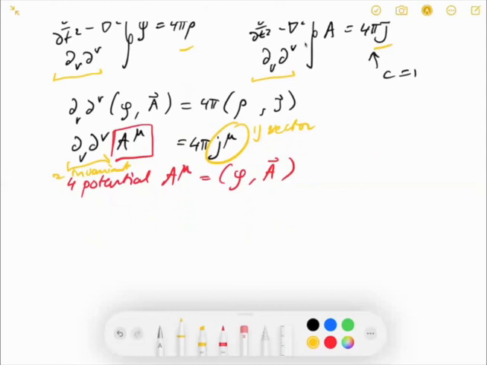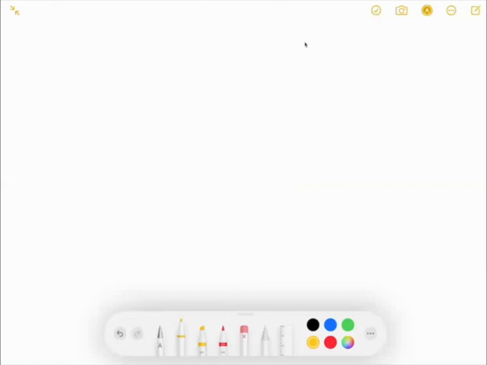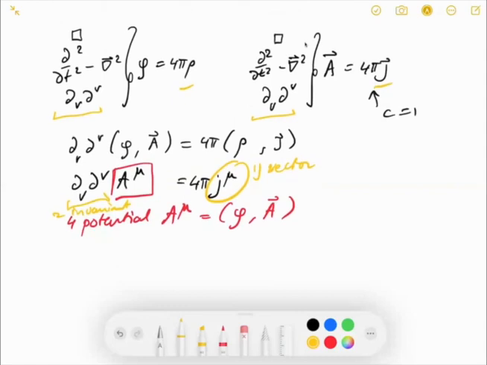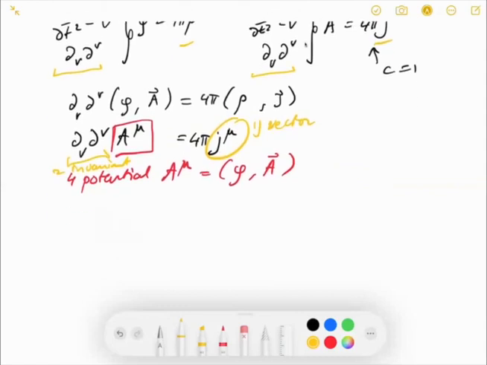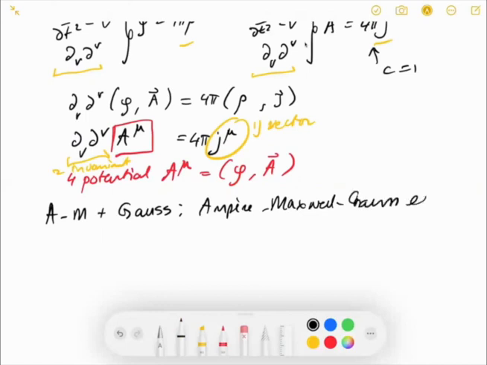So now we have taken 2 of Maxwell's equations and written them in 1 Maxwell equation. So now we have Ampere Maxwell plus Gauss. So we basically have the Ampere Maxwell Gauss equation, which says that del nu, A mu is 4 pi J mu. There we go. So from 2 to 1.